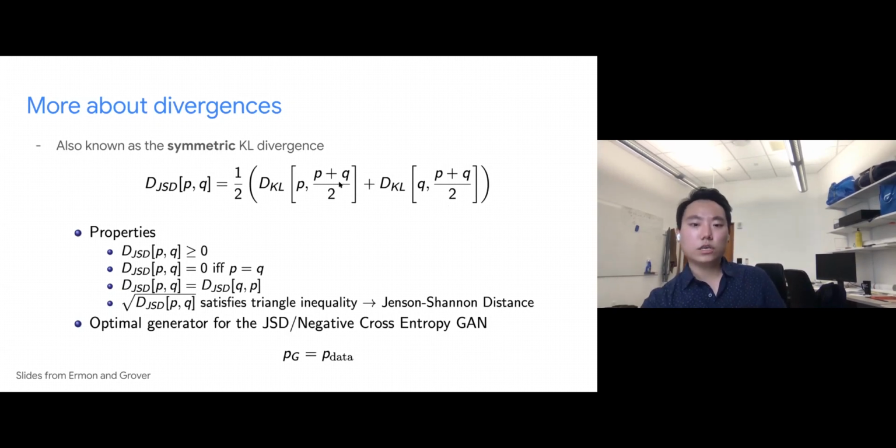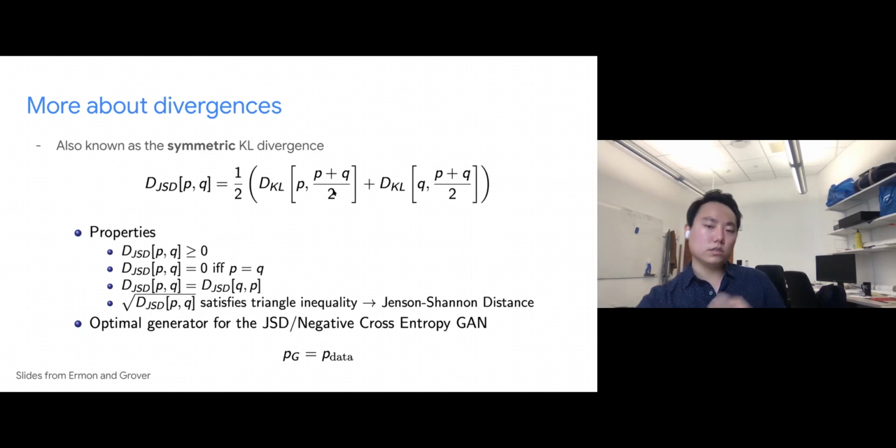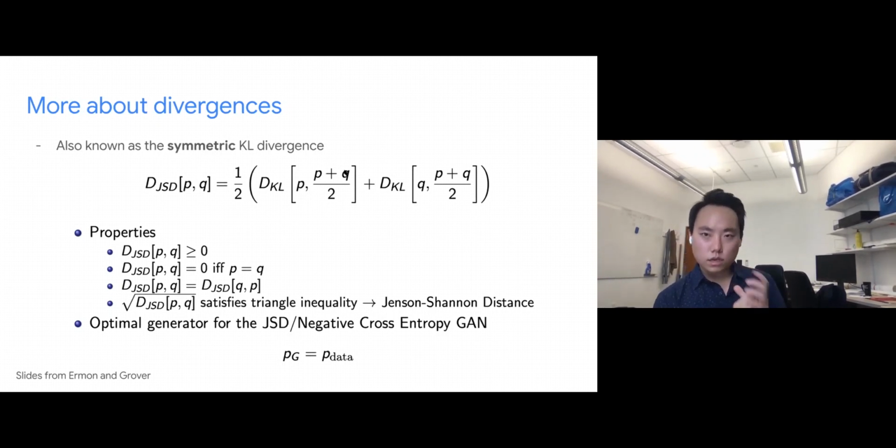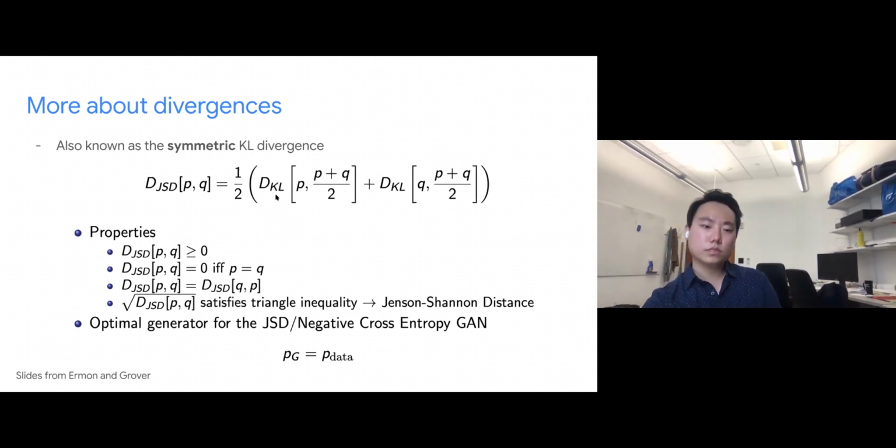When you're doing KL, you take the expectation over P of log P over Q. This term is in the denominator, so it cannot be 0 for regions where P is nonzero. Otherwise, you'll be dividing by 0. So the average distribution between P and Q is used such that the support covers both P and Q, so that the KL divergence is well defined.